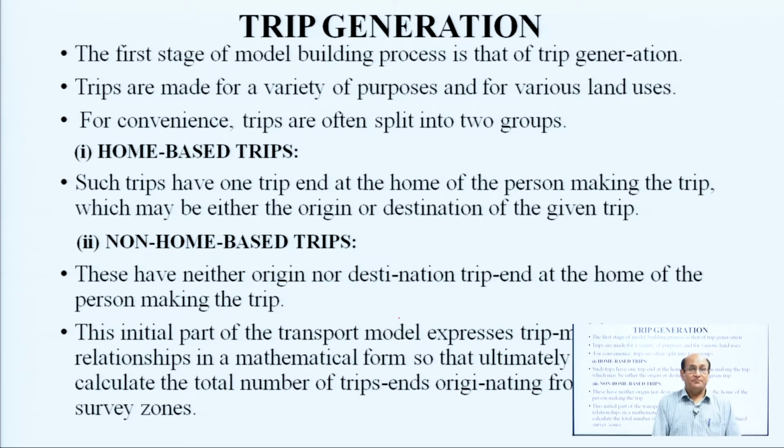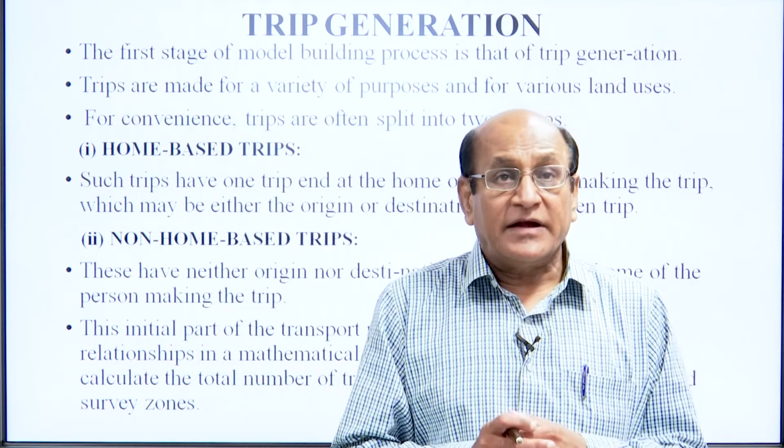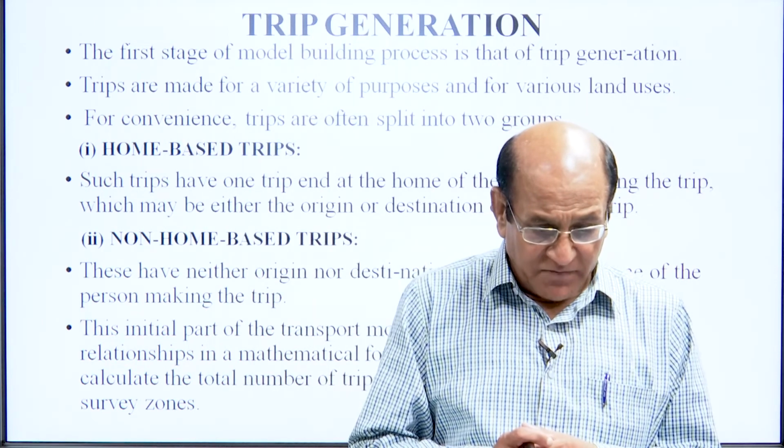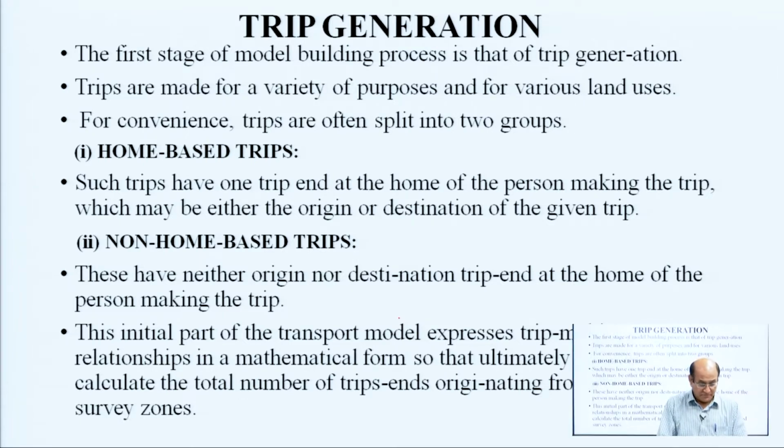Trip generation. The first stage of the model building process is that of trip generation. Trips are made for a variety of purposes and various land uses. For convenience, trips are often split into two groups. The first is home based trips.